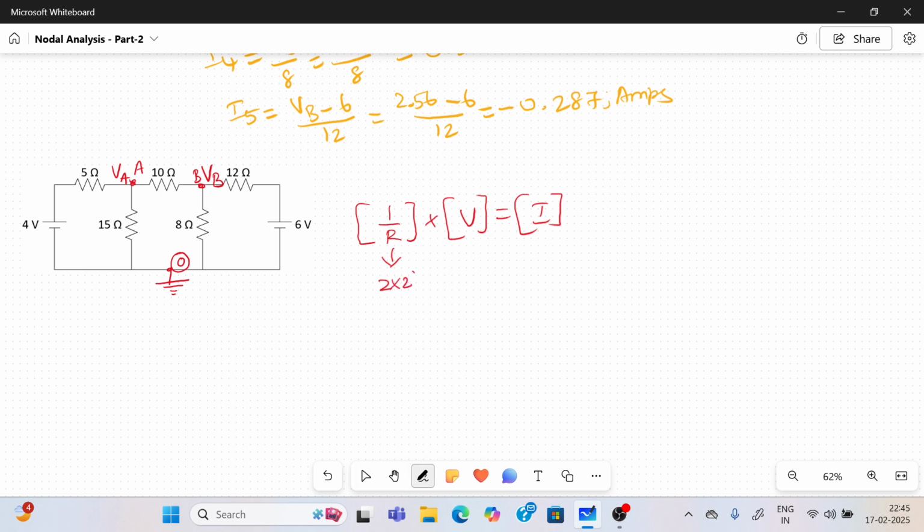So the size of the 1 by R matrix is 2 cross 2. The voltage matrix is a column matrix, 2 cross 1. Current is also a column matrix, 2 cross 1. Okay. Now we are going to form the matrix.